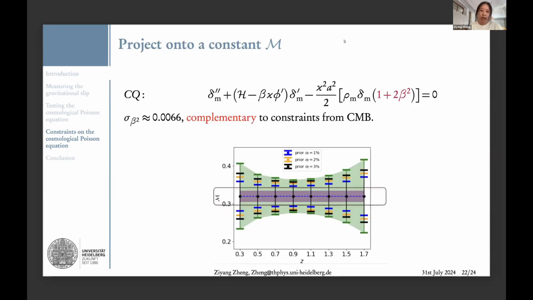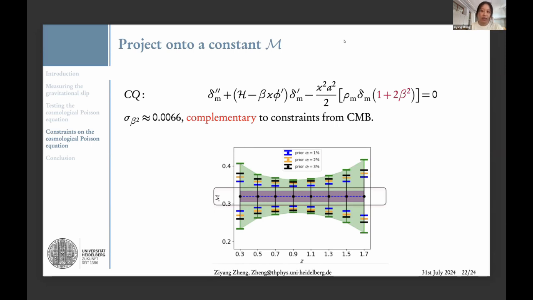Furthermore, once you have this constraint on M, you are able to project the result onto any modified gravity theory or dark energy model. For instance, in the coupled quintessence scenario, if you remember, mu is essentially 1 plus 2 beta squared. If you consider M is constant along all the redshift bins, and for a constant coupling between the dark sector, they are exactly identical.